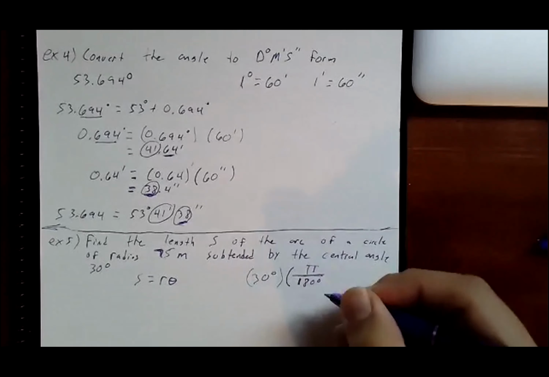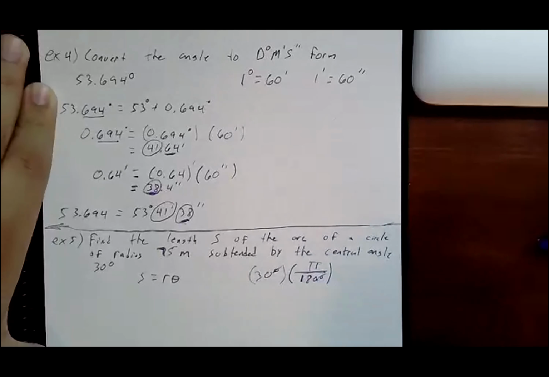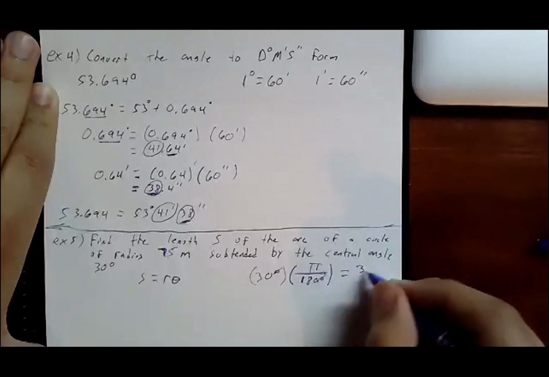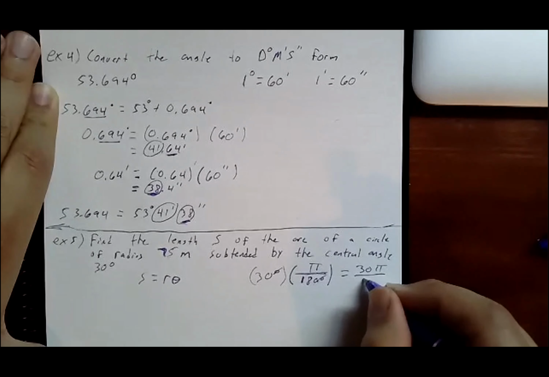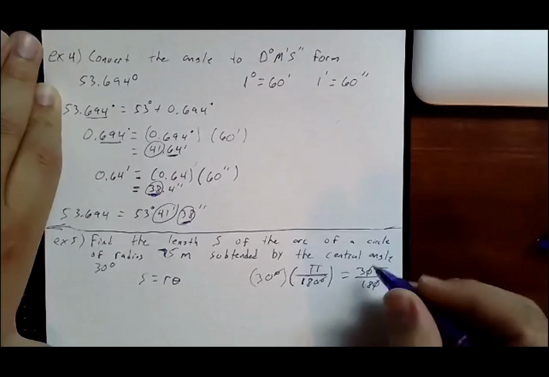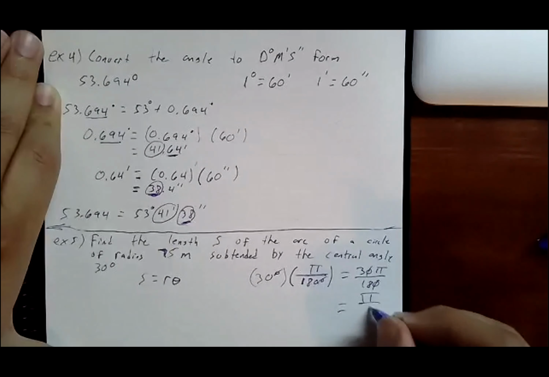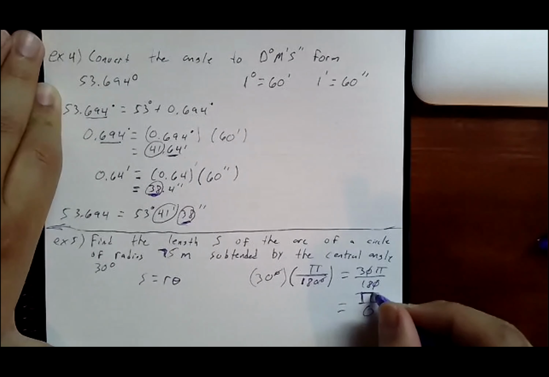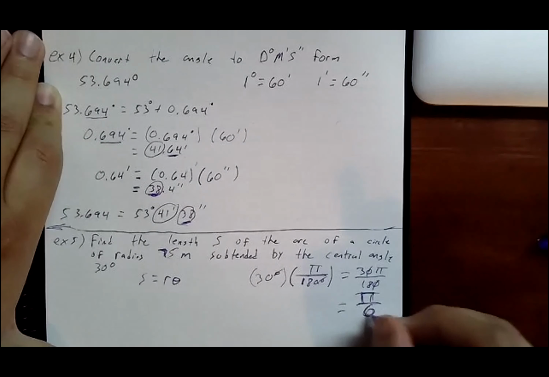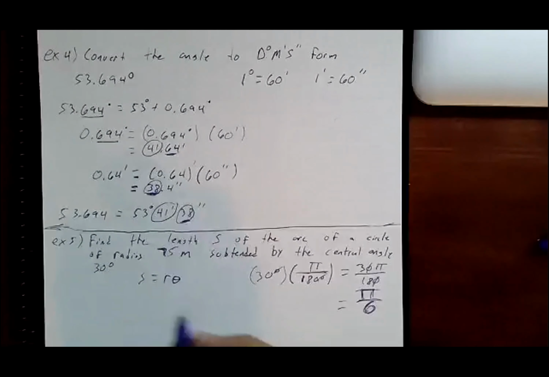If I want to cancel pi, then pi better be on the bottom. So that will cancel degrees, leaving me with 30 pi over 180. These zeros will cancel, 3 goes into 18 six times. Yeah, pi over 6. There we go. So just plug it in and we're good.